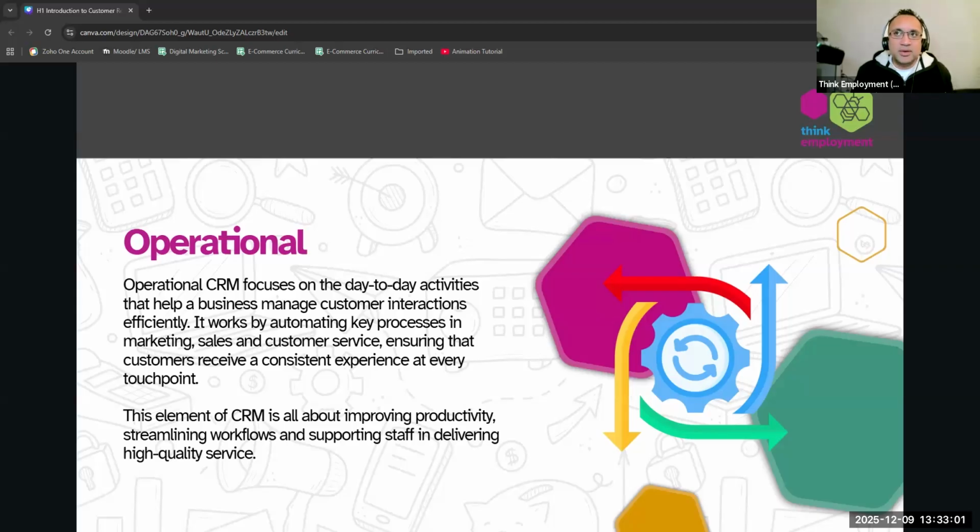So you could have other parts of your business integrated within the CRM with plugins or other methods, with an API for example, you can connect different parts of it, like the supply chain, for example, or the payment system. So all of that comes under operational. So the whole business is basically operating using that CRM.